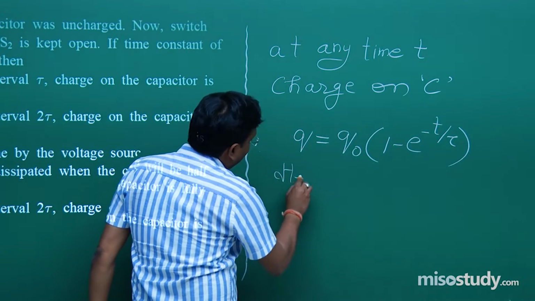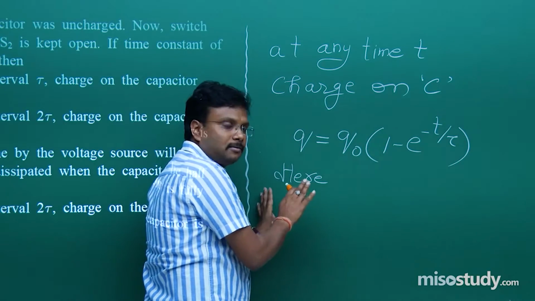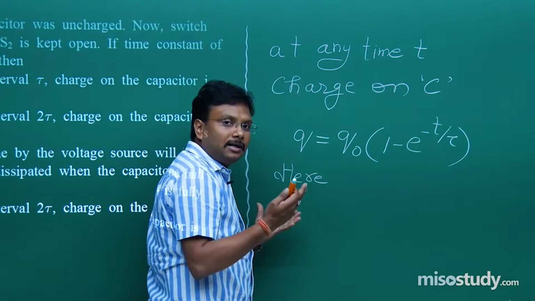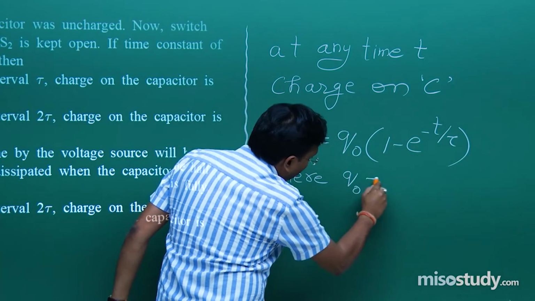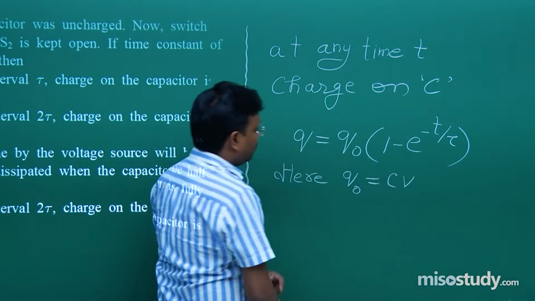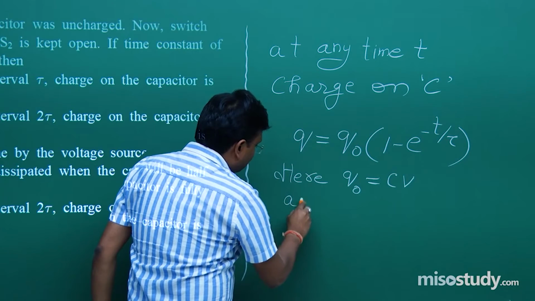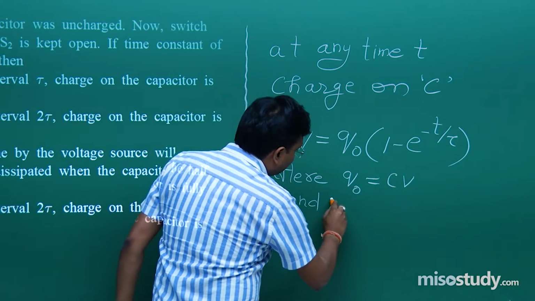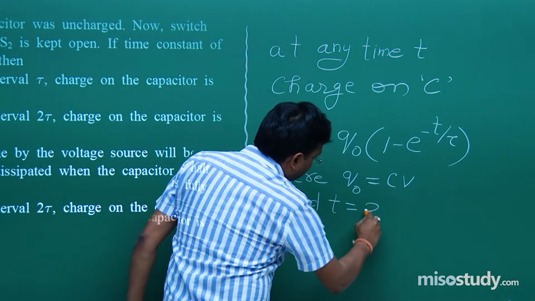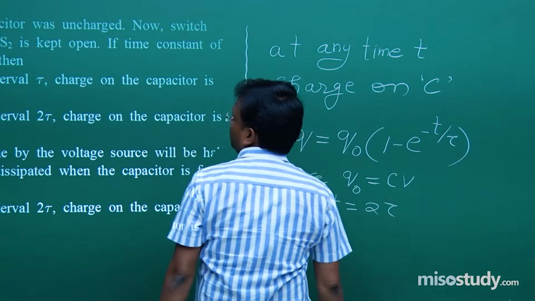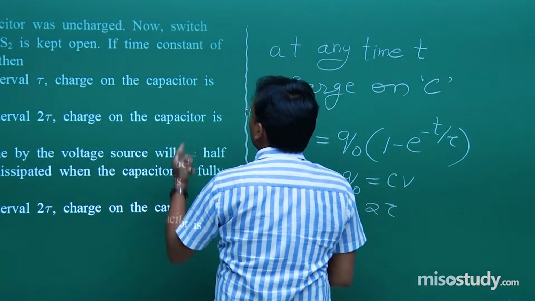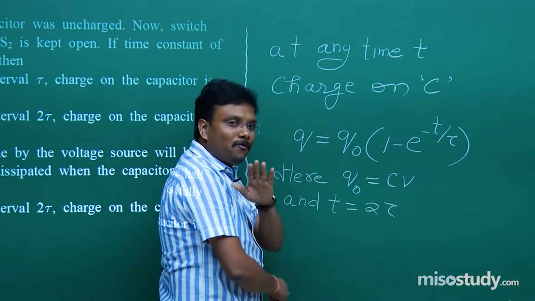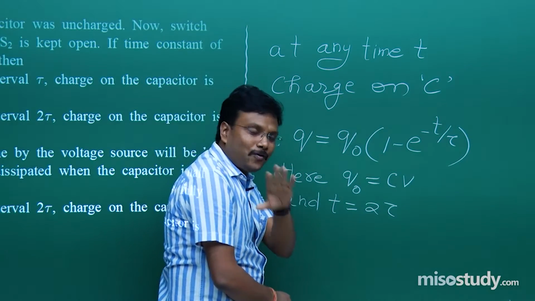Here, I should not write it, but few of you may feel some difficulty, that is why I am writing. Here, Q naught is equal to CV and t is equal to 2 tau. Fine. Now, few of you may say how I am writing 2 tau. Wait for that. I will explain why.